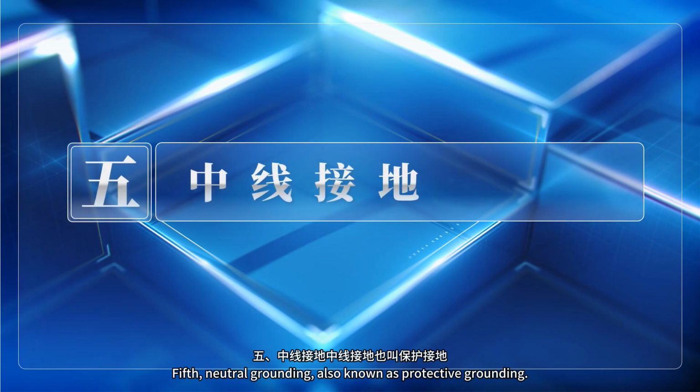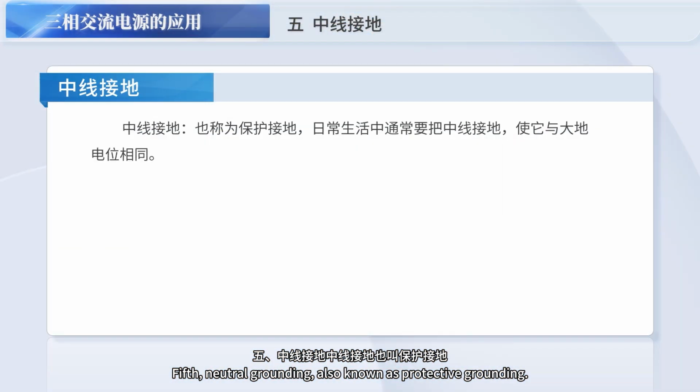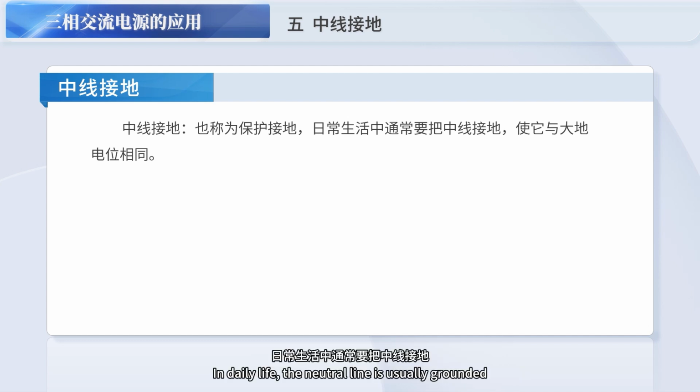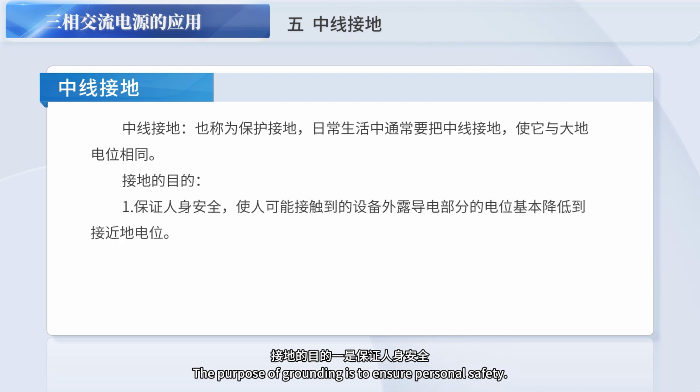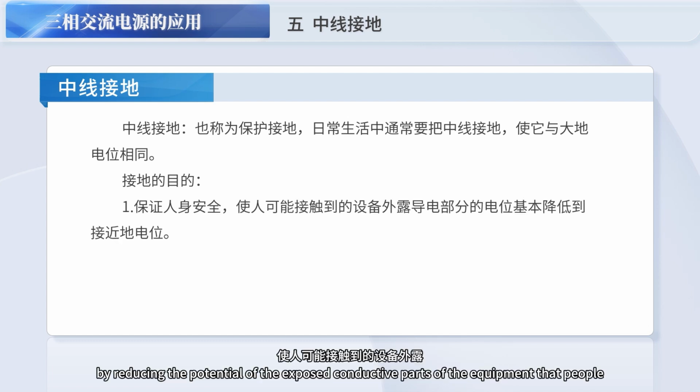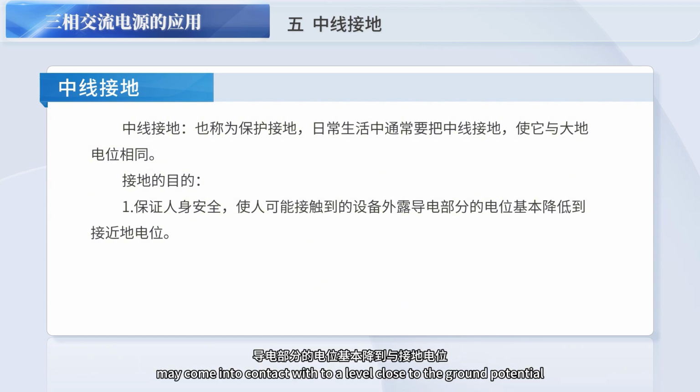Fifth, neutral grounding, also known as protective grounding. In daily life, the neutral line is usually grounded, to make it the same as the ground potential. The purpose of grounding is, first, to ensure personal safety, by reducing the potential of the exposed conductive parts of equipment.